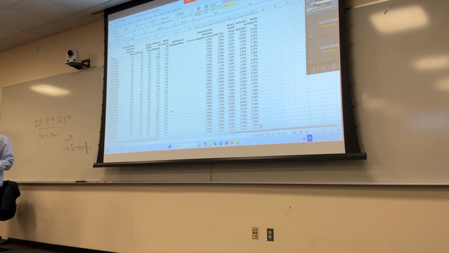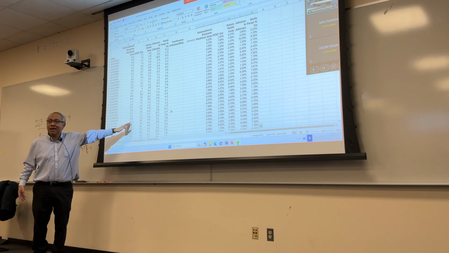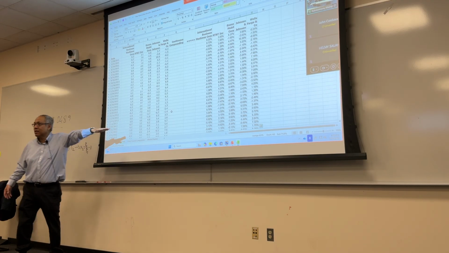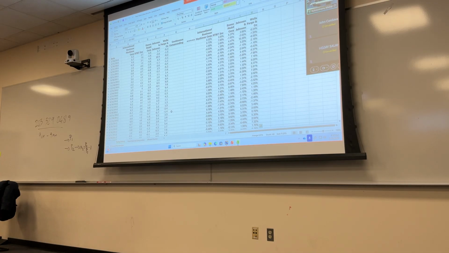Take advantage of that while you're a student at UConn, because you have access to it for free. You can put on your resume that you're familiar with Morningstar Direct. It's worth it. Also, look at this: I did not have to worry about converting prices into returns because I downloaded returns automatically.